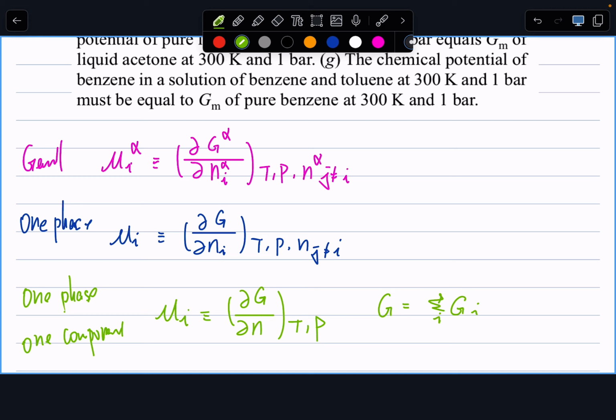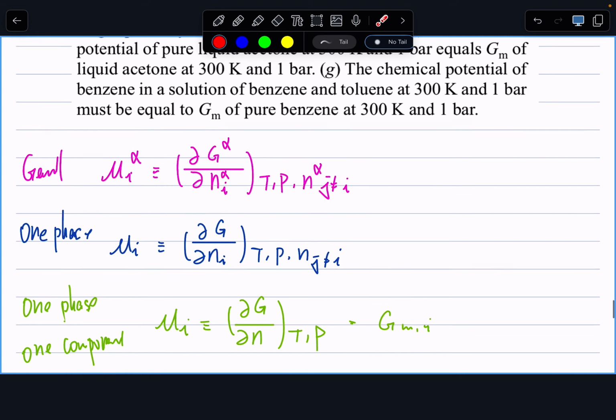We only have one component. So for a one component, one phase system, the chemical potential equals the molar Gibbs free energy of that species. So it's like a different layer. We start from multiple phases, multiple components. If we have one phase, multiple components, we're using the blue definition. And then one phase, one component, we have our green definition.